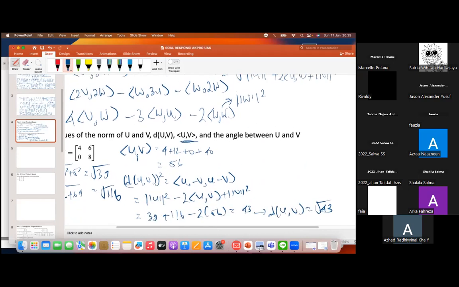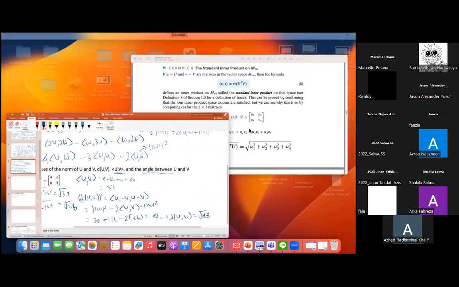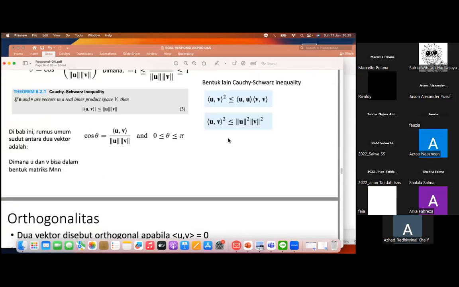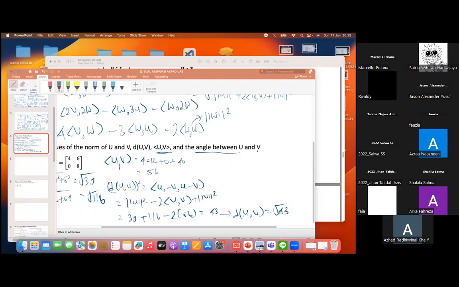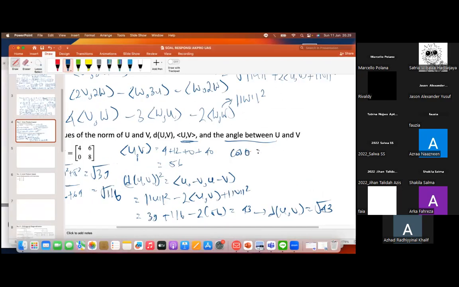And next we have to find the angle. Now for the angle, we use this formula. So the angle is cos theta equals <u,v> over the norm of u times the norm of v.